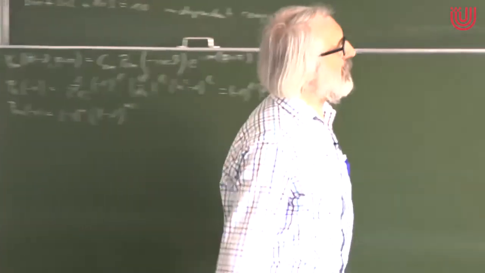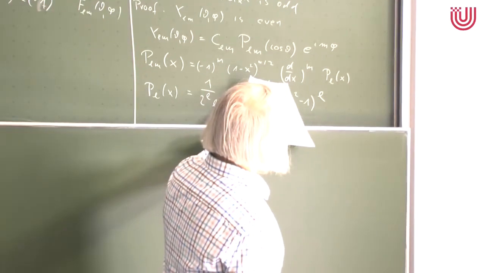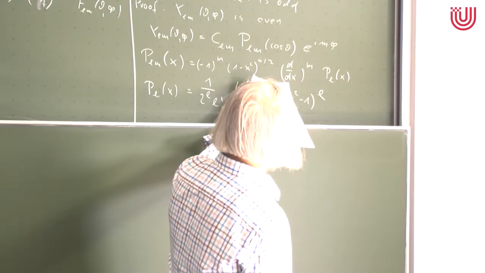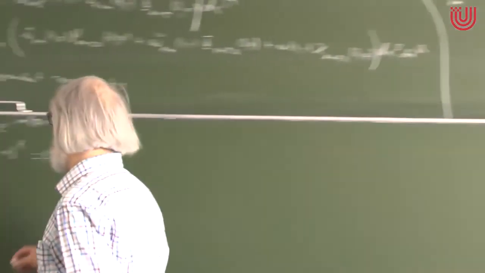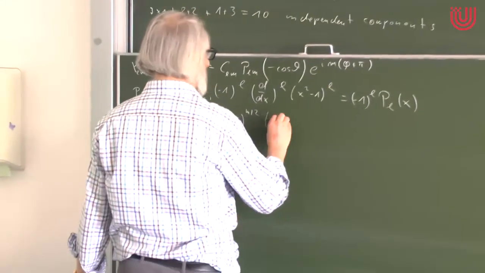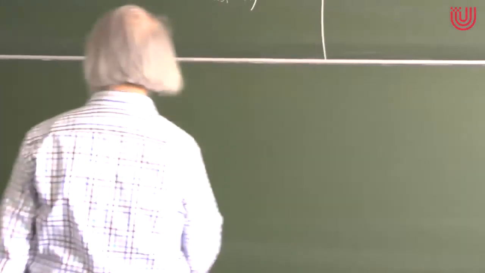And half. Here I get... wait a minute, a minus 1 to the m. Yes, exactly. Here I get a minus 1 to the m, d by dx to the m.